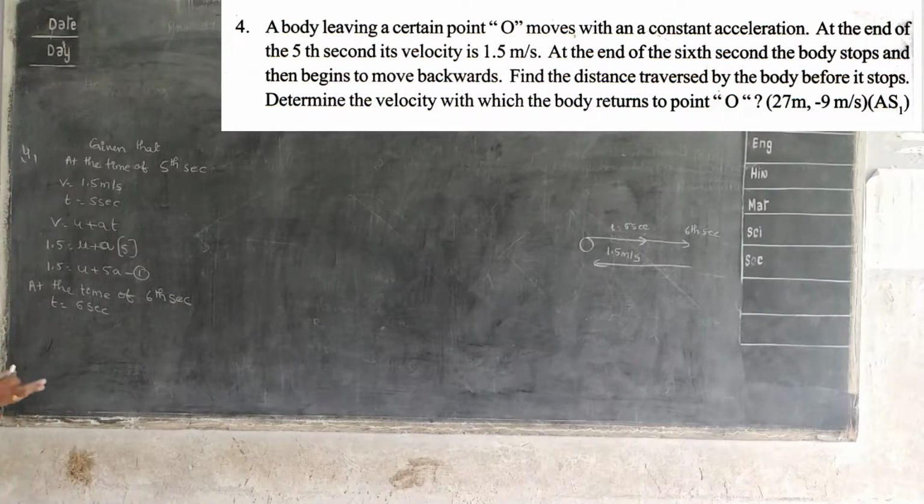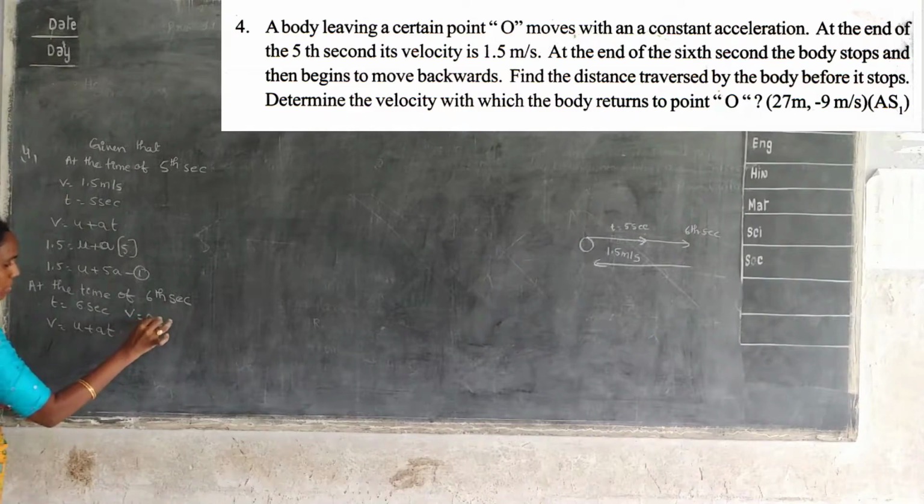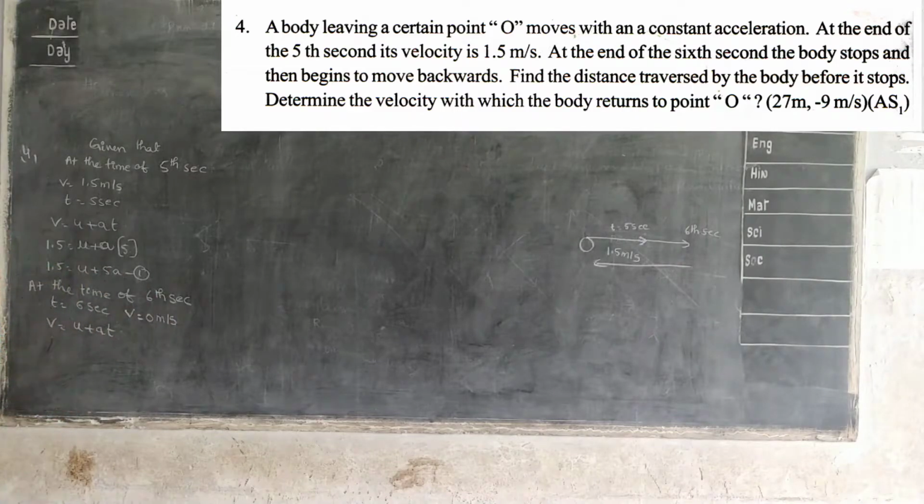That means at that time the final velocity of the body becomes 0. In v is equal to u plus at, the final velocity becomes 0 meter per second. Here 0 is equal to u plus 6a. This is equation number 2.